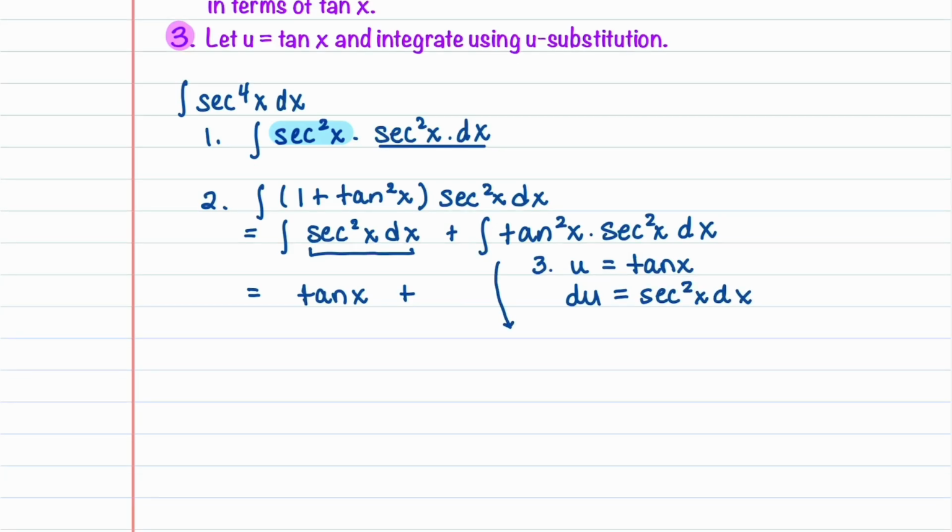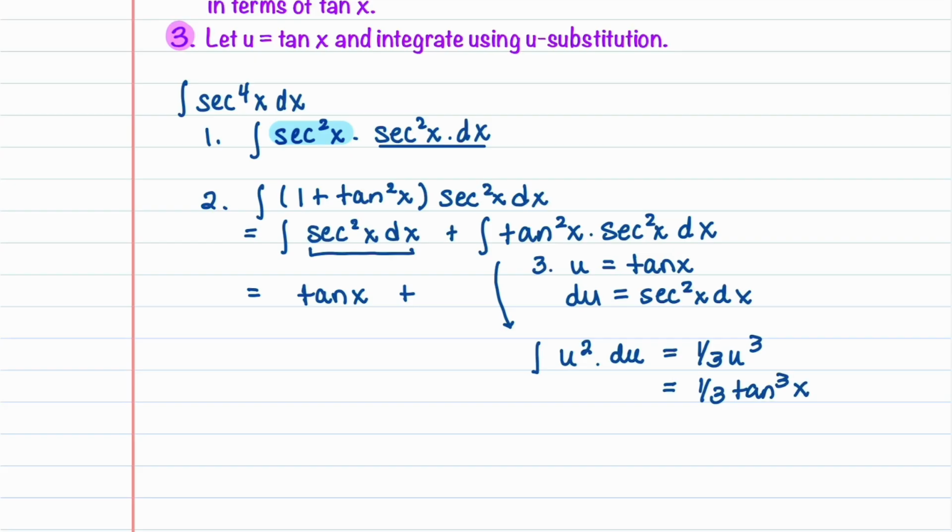Now our integral becomes the integral of tangent squared x, so this is u squared, times secant squared x dx, which is du. We know this integrates to 1/3 u cubed. Our u is tangent, so this is 1/3 tangent cubed x.